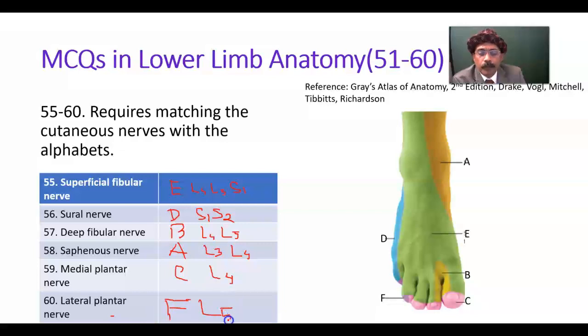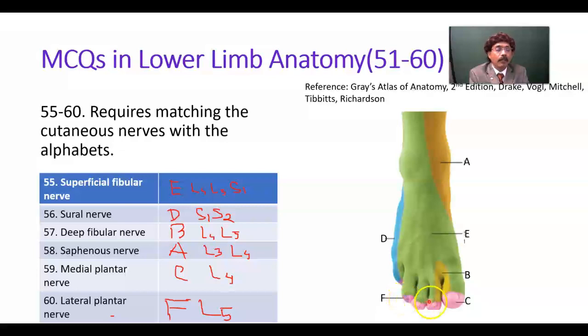So let's try again. This is the saphenous nerve, this area is the superficial fibular nerve, this is the deep fibular nerve, this is the medial plantar nerve, then this is the lateral plantar nerve.